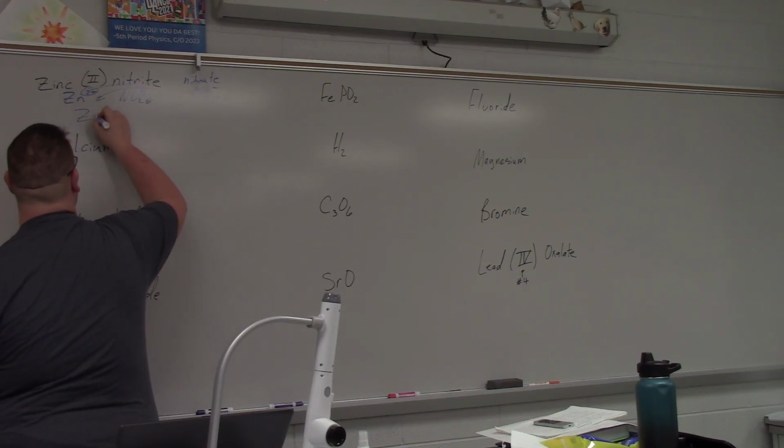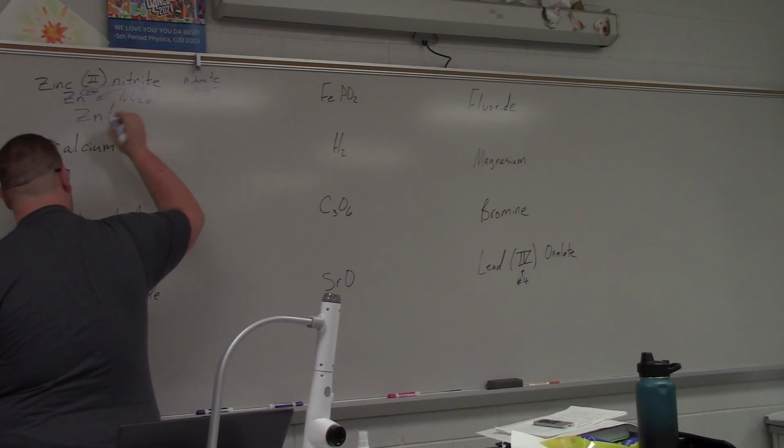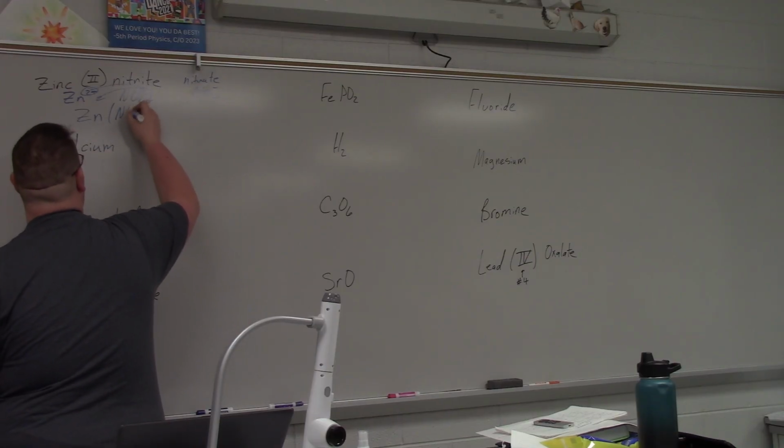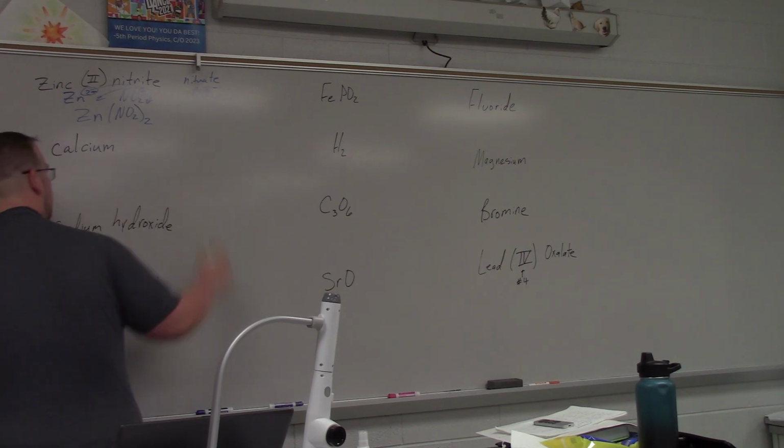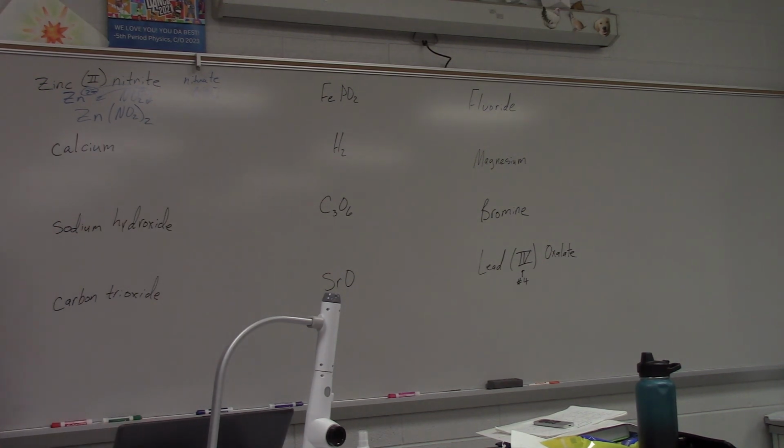We get Zn, parentheses, we have to put the nitrite in parentheses because I need 2 of them. If you do not have nitrite in parentheses, then you are saying 22 oxygens, not 2 nitrites. Very important.